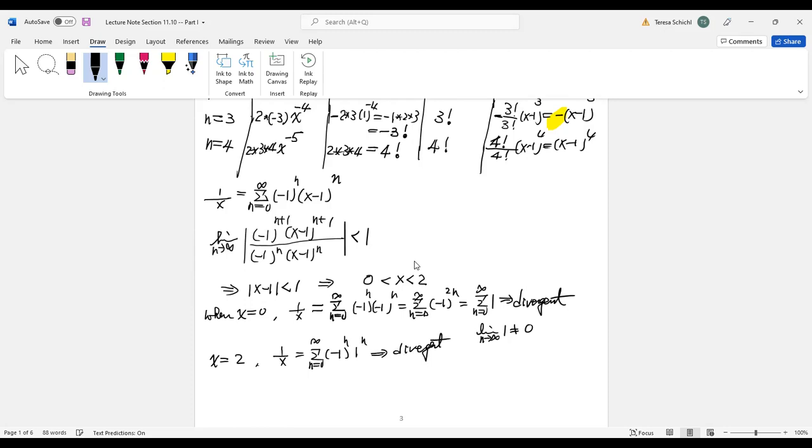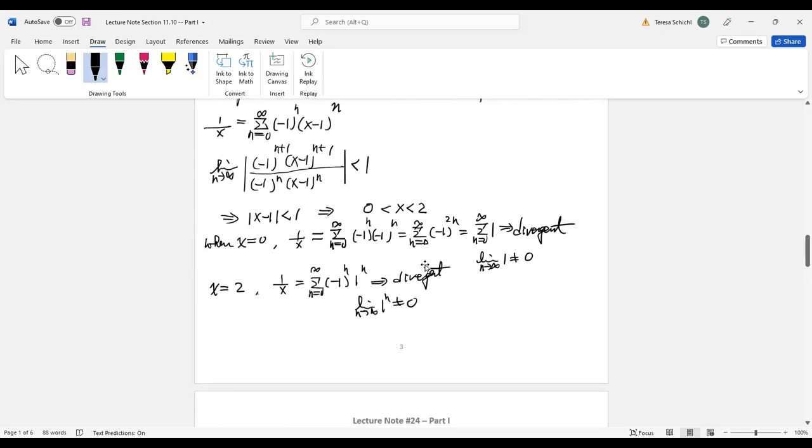Because this is an alternating series, it's the same thing: the limit of a_n as n approaches infinity is not equal to 0, so it diverges. So the interval of convergence will be 0 to 2, not covering the endpoints.